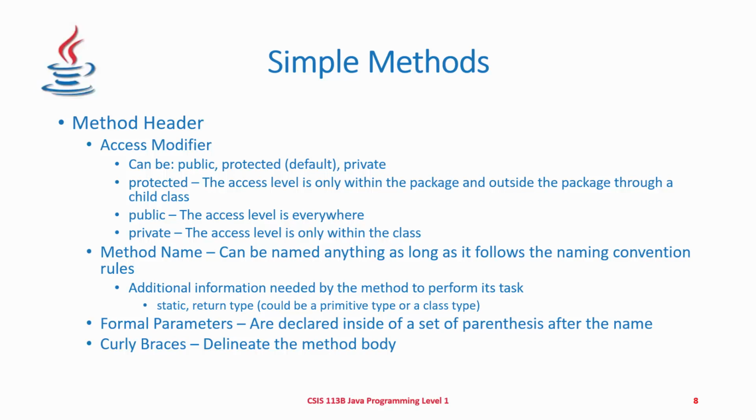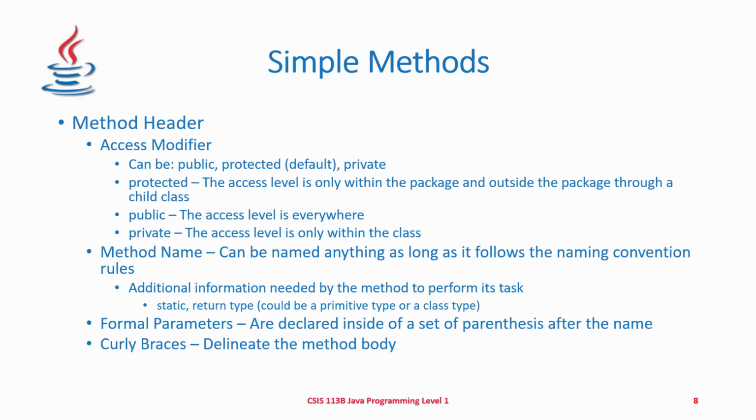As far as the return type, if we indicate the word int, for instance, in the header, we would be identifying that this particular method would return a value of int type. We'll get into return methods, value-generating methods, a little bit later on.